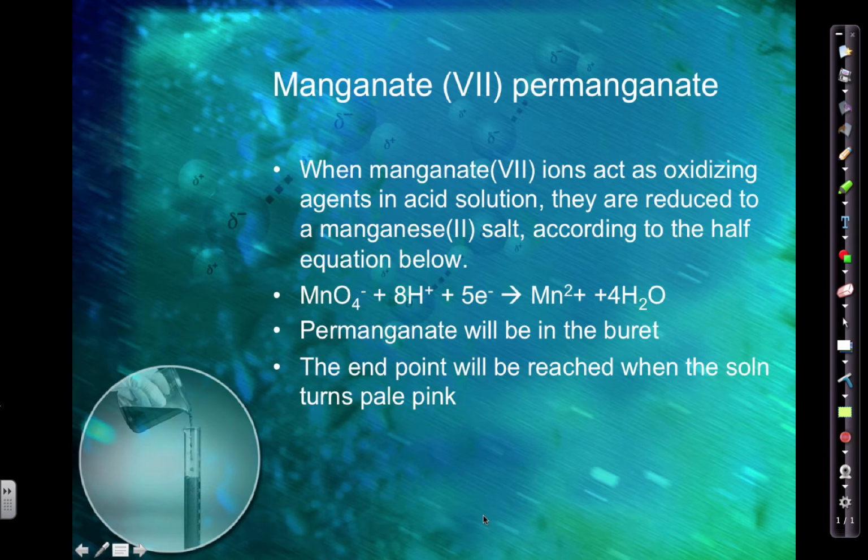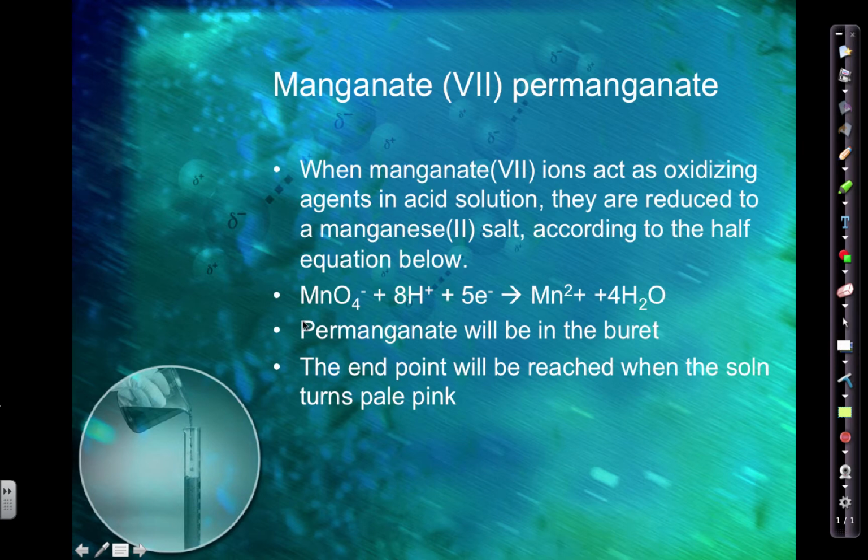There's another important reaction with permanganate. So if I have manganate with a 7 charge, so it's permanganate, it reacts as an oxidizing agent in acid. What that means is, an oxidizing agent is a compound that will oxidize another one. So it will create an oxidation reaction, and then the permanganate itself will actually be reduced.